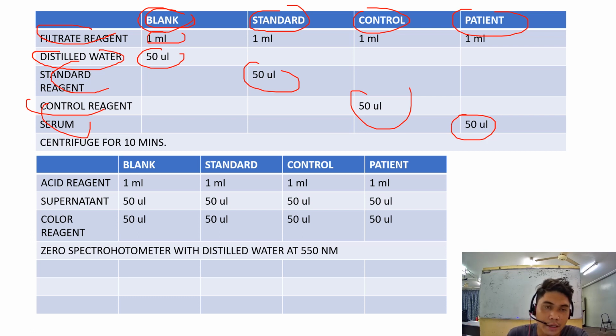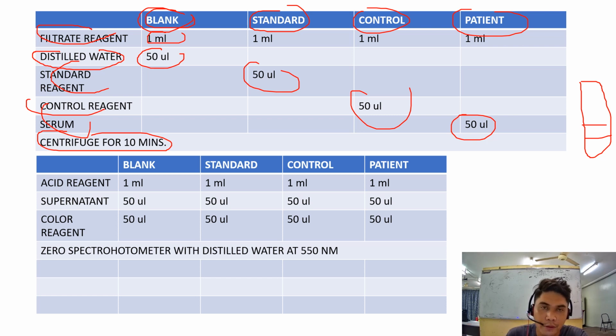Then you centrifuge it for 10 minutes. After centrifugation, you have 2 layers, the precipitate and the supernatant. The precipitate contains the sodium, and the supernatant contains the free uranium that will react with the ferrocyanide.